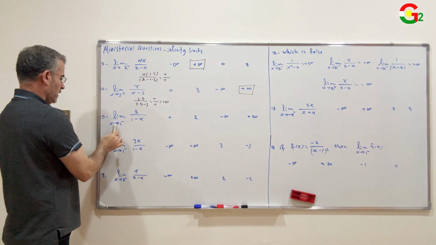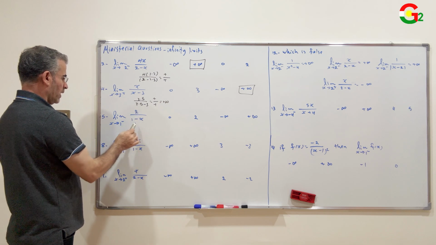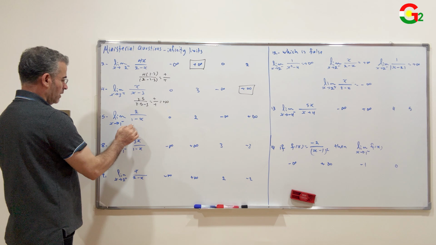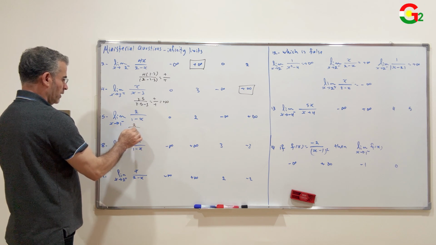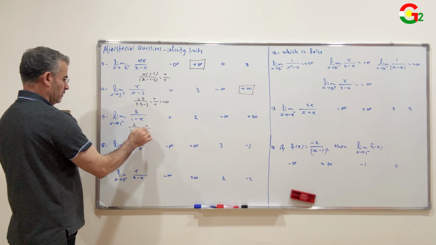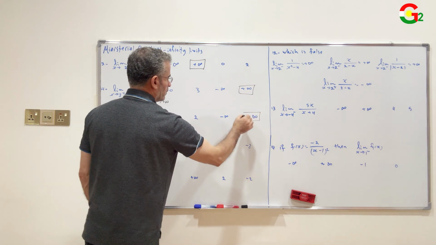Number 5, x approaches 1 from left for 2 over 1 minus x. From left, it is a number less than 1. 2 over 1 minus 0.5, 1 half. Then positive value over positive value equals positive infinity. Choice D.